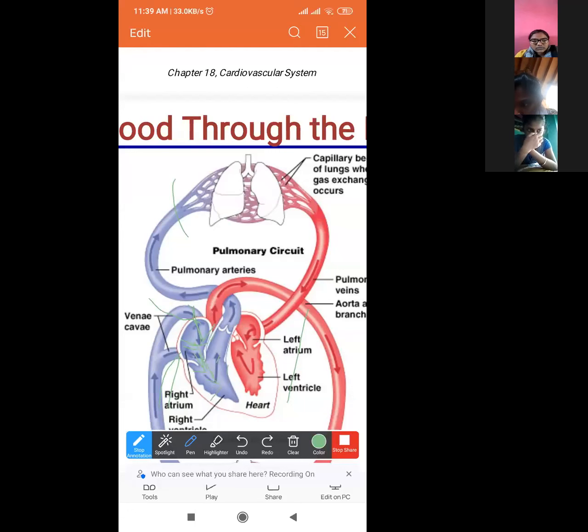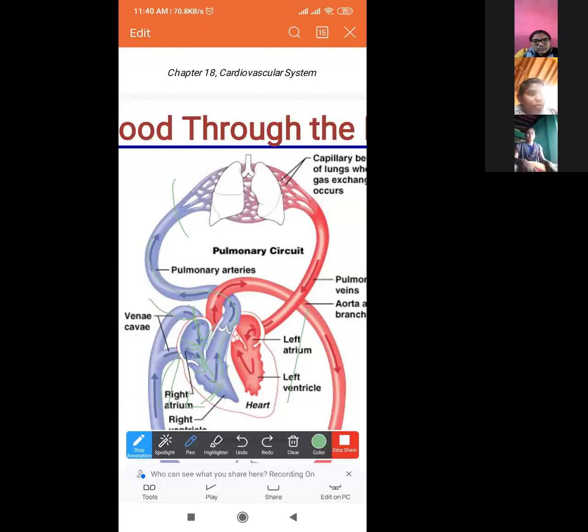Do you understand this much? You have to know deoxygenated blood from the superior vena cava and inferior vena cava enters into the right atrium. So from the right atrium it reaches the right ventricle. From here, it is going into the pulmonary arteries.